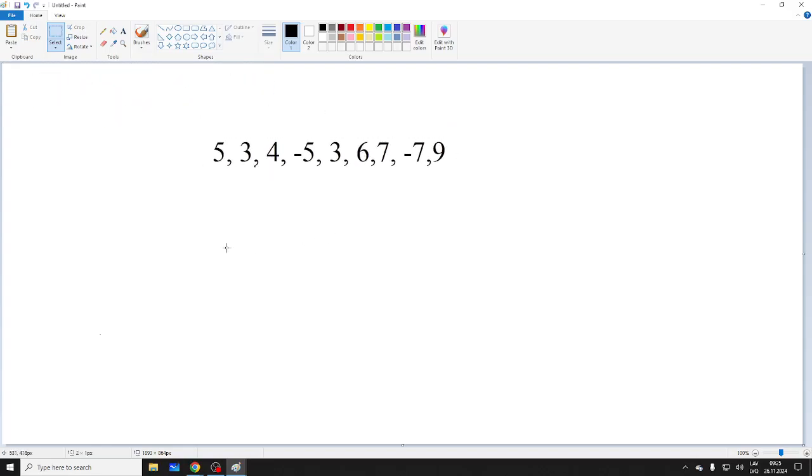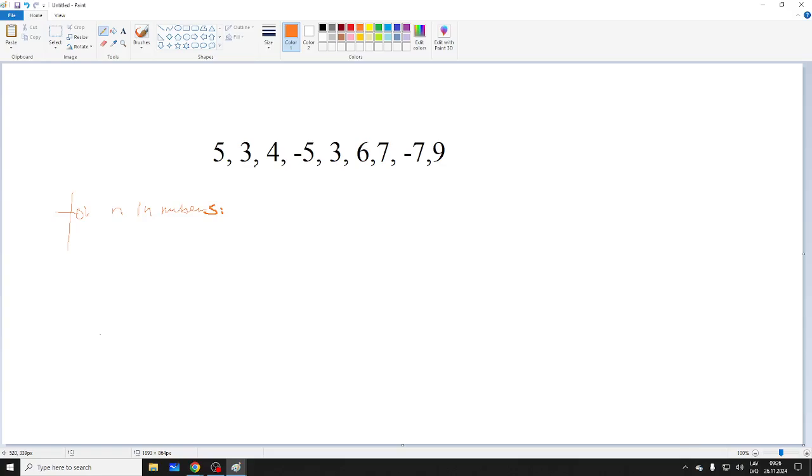So the idea would be this. We go through the general idea, pseudocode, so we don't look at details.